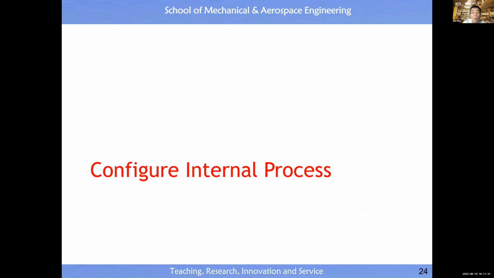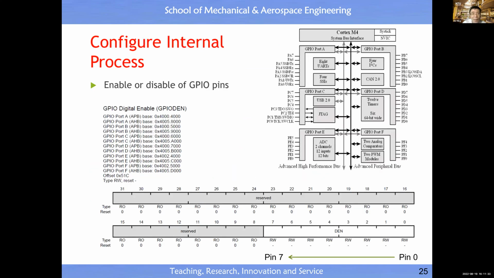Then for the internal process, once you turn on all the ports, you need to tell, for each port, which has pins, whether these pins are involved in input operation or output operation, all right? You must tell here, because for the same port, some pins can be input and some pins output. Maybe 0 is input, 1 is output.